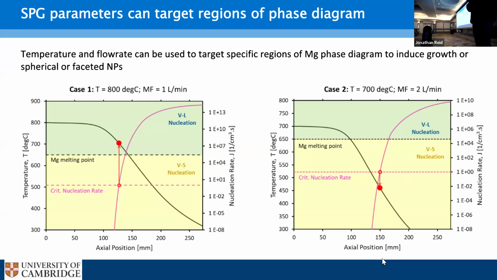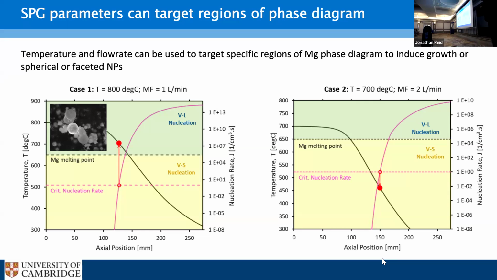And you can see for case 1, with conditions of high temperature and low flow rate, the critical nucleation point occurs somewhere in the tube where the temperature is above the melting point of magnesium. And so in the green region, we'd expect vapor to liquid nucleation. And when we take a sample and do some microscopy, that's pretty much what we see. We see these spherical or spheroidal particles.